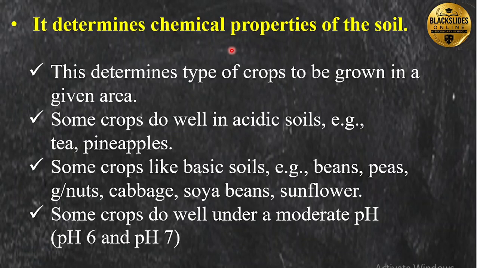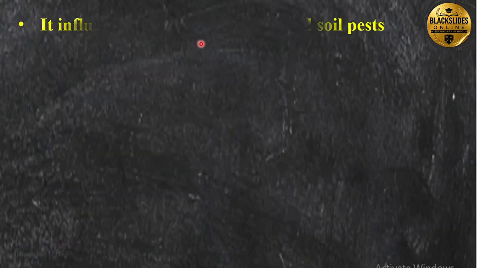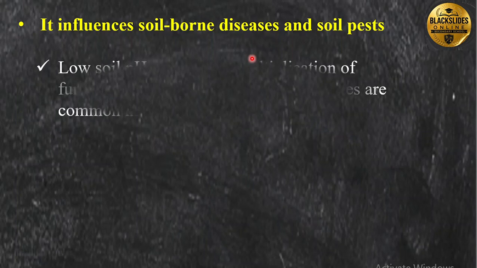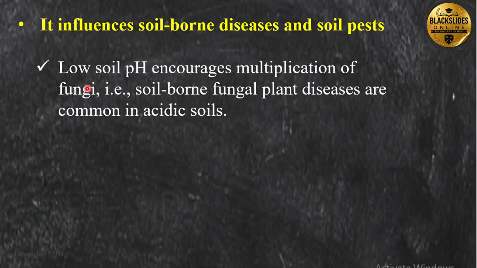Factors that affect soil pH, or rather the effects of soil pH on agricultural production. pH influences soil-borne diseases and soil pests. That's another effect. Low soil pH encourages multiplication of fungi. So a soil that is highly acidic would favor growth of fungus.